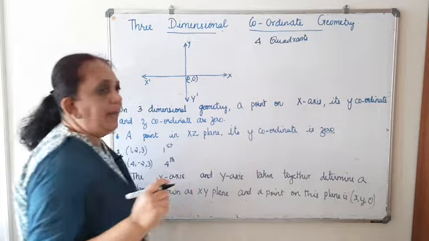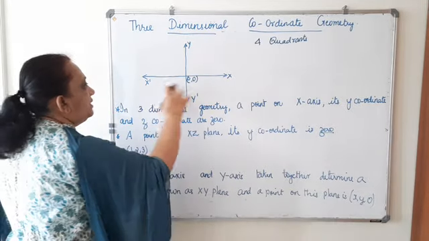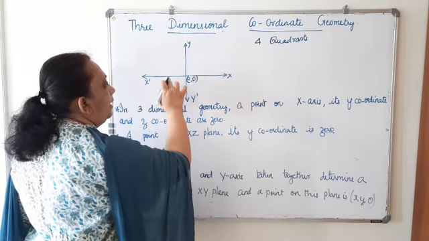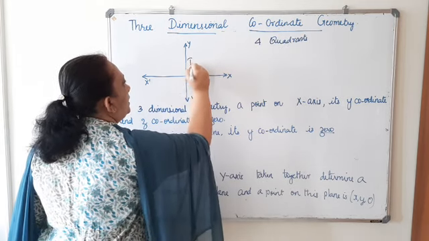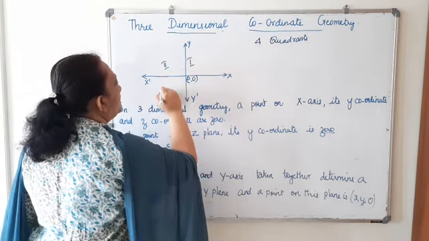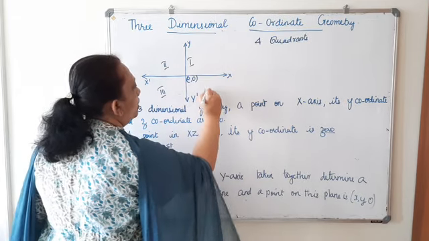In the plane of the board, the x-axis and the y-axis create four quadrants, namely the first quadrant, the second quadrant, the third quadrant, and the fourth quadrant.